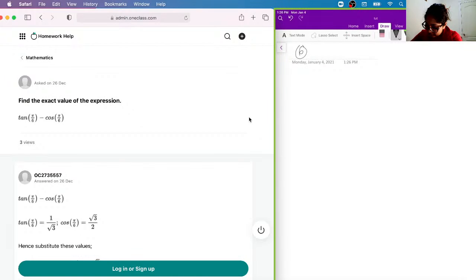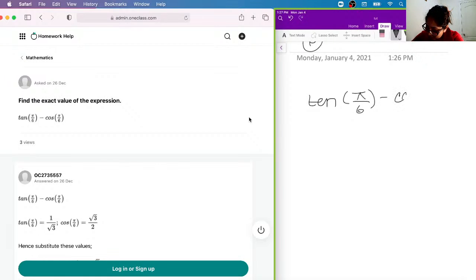Next question says find the exact value of the expression tan pi over 6 minus cos pi over 6. Okay, so just writing this: tan pi over 6 minus cos pi over 6.